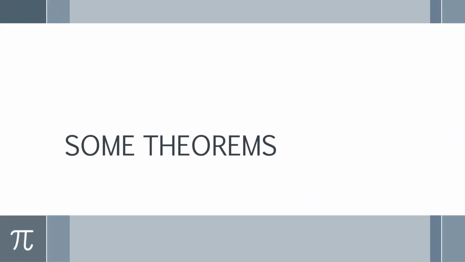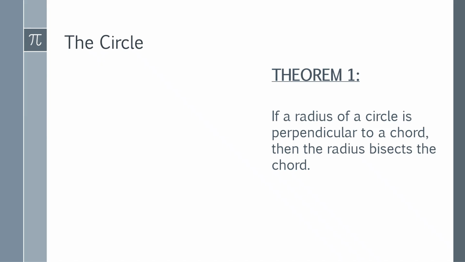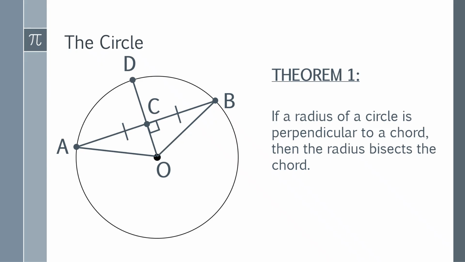Here are some theorems regarding this part. Let's have theorem number 1. If the radius of the circle is perpendicular to a chord, then the radius bisects the chord. As you can see on the figure on your left, this is the circle O, and line segment DO is a radius and line segment AB is a chord.